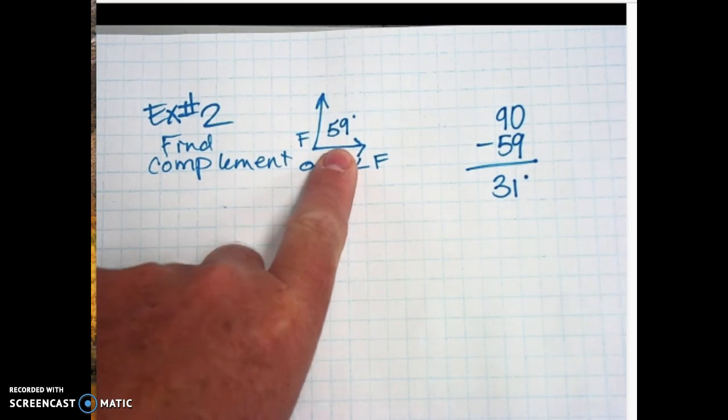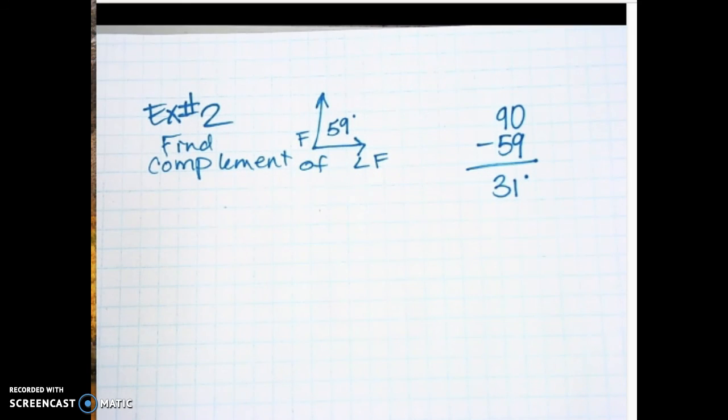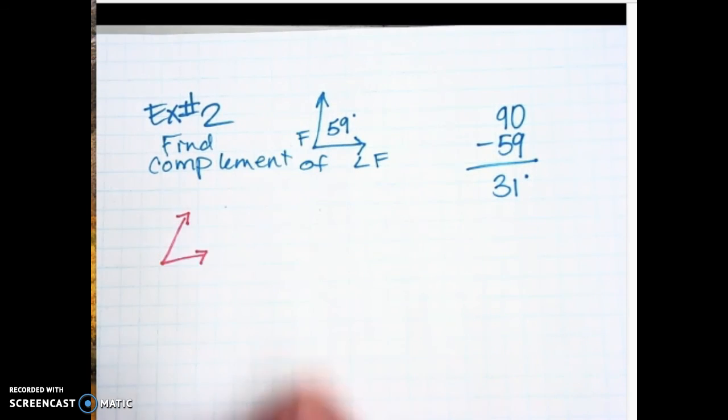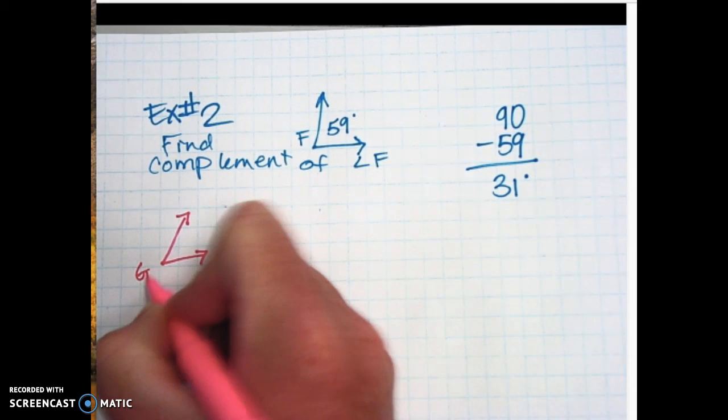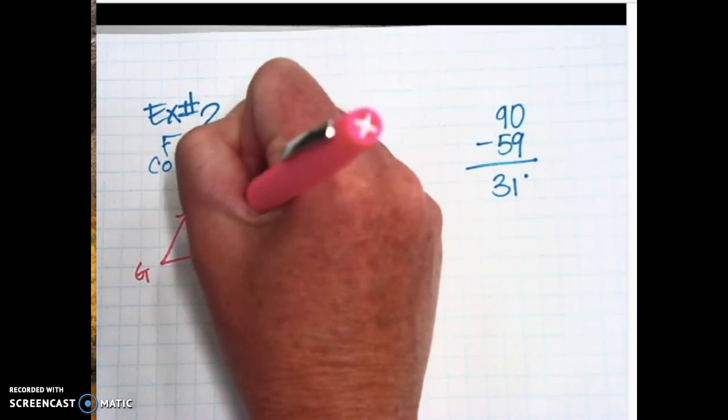Super easy when it's numeric, like 59 degrees. But what if it's not numeric? You're given that this angle, we'll call this one G, because we called the last one F, is 7x plus 10.